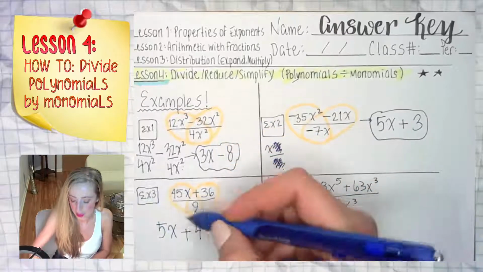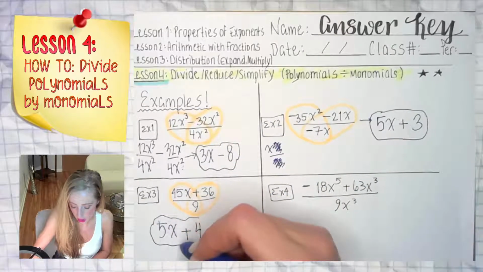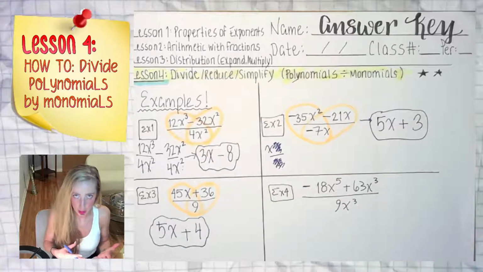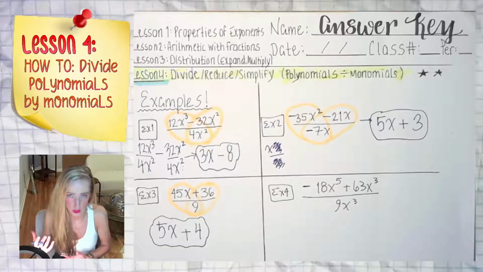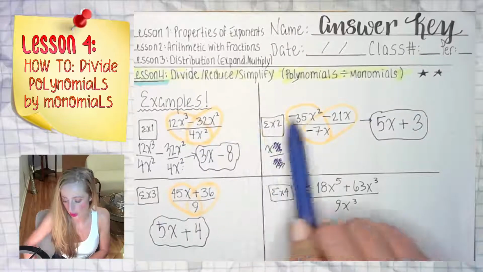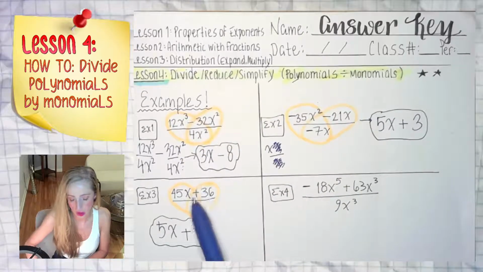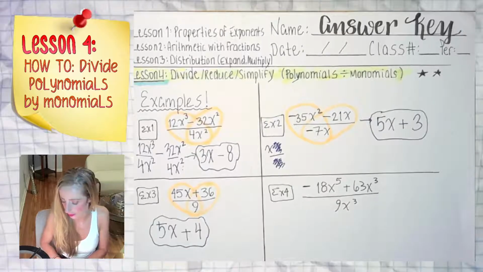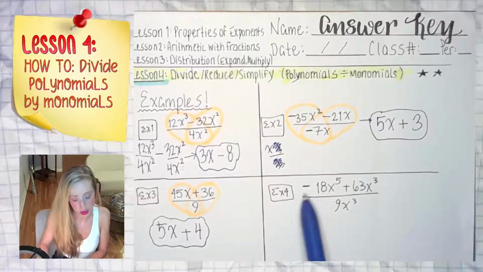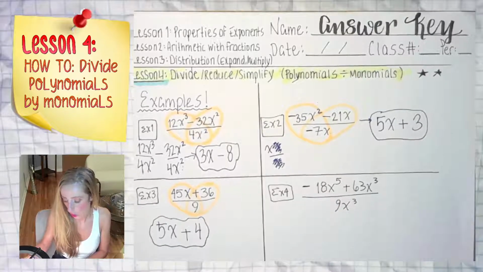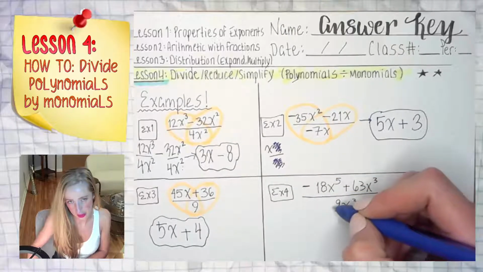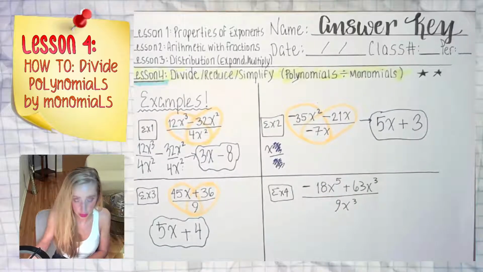We should all remember that standard form means that all like terms have been combined, and they are in descending exponential order, meaning the exponents are getting smaller. So this is already, so is that, so is that. The constant would be the last term unless you didn't have a constant. So here is a situation where the sign here does not match the sign here. So in an example where you're doing it yourself, I would definitely make it negative if that was negative. But right now we'll leave it alone.